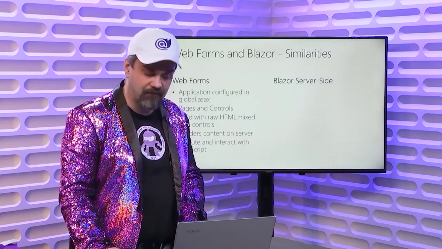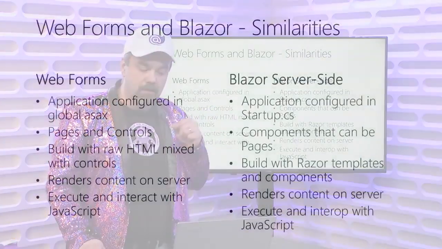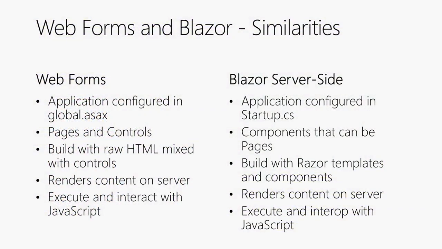We understand how that functions. But what about Blazor server side? Well, check this out. Very similarly, we're going to configure an application in now a startup CS file. So we have similar application startup events that we can handle and configure. And in our first demo, you're going to see just how similar they are.